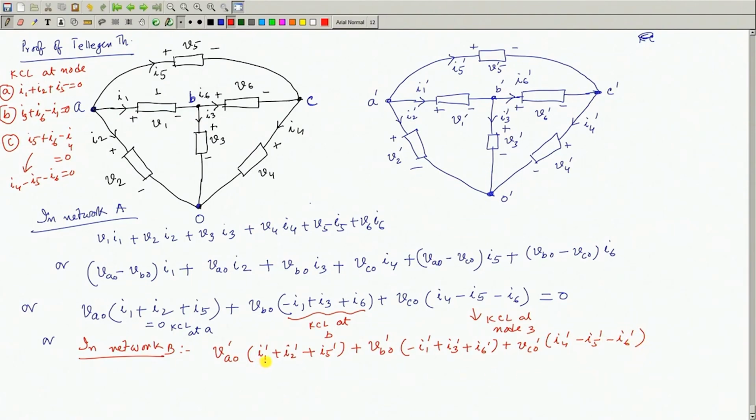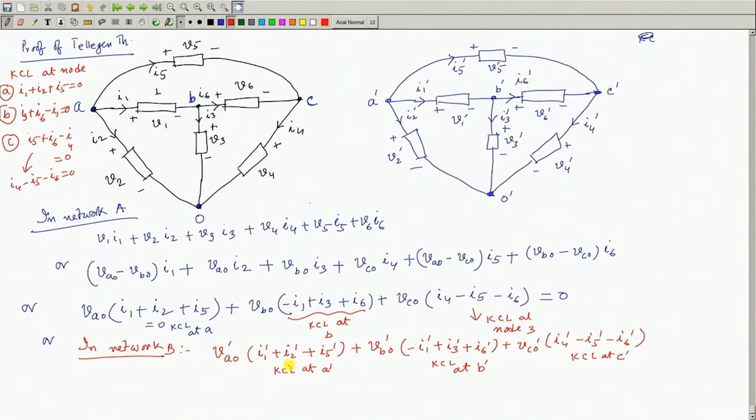And once again I1 dashed plus I2 dashed plus I5 dashed will be KCL at node A dashed. This is KCL at B dashed, and this must be KCL at node C dashed.